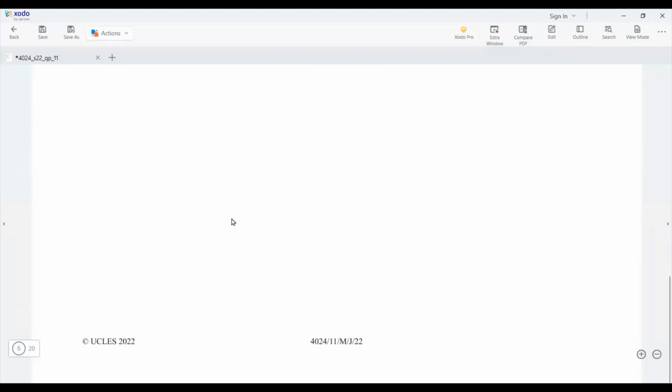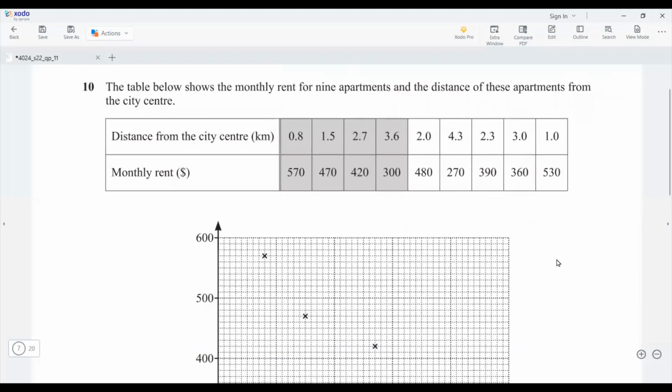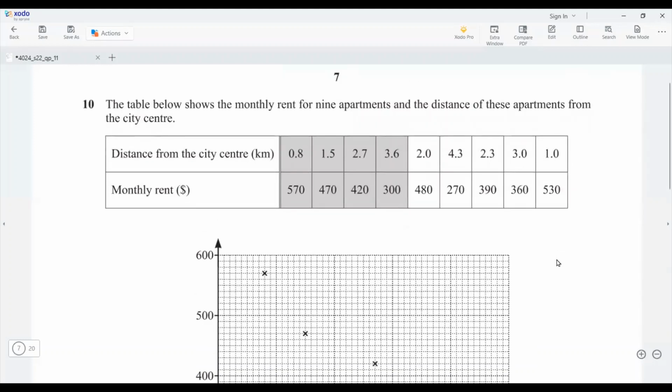Moving ahead to the next question. In the next question, there is a diagram given here. And in this diagram, it is basically a question related to a scatter diagram. In a scatter diagram, two quantities are being represented. One of them is the distance from the city center, and all of the distances are given.